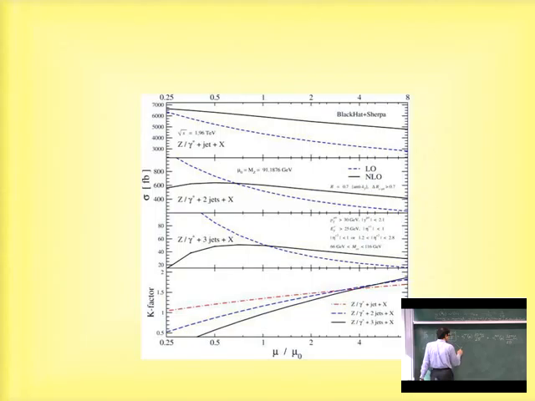So what we need is to calculate the amplitude for, let's say, two gluons going into two partons. Well, that could mean two gluons or a quark-antiquark pair.